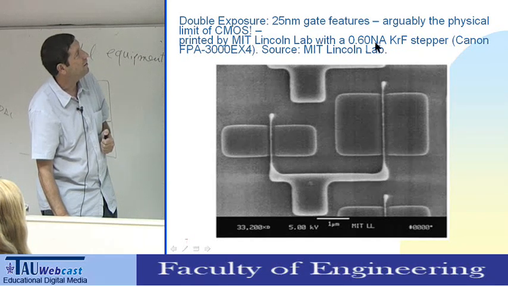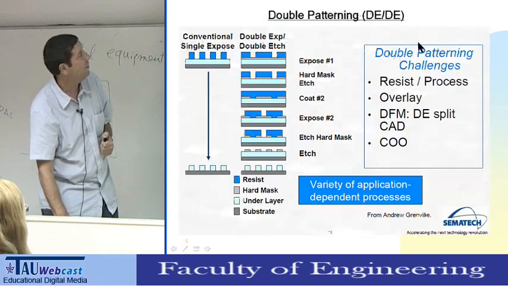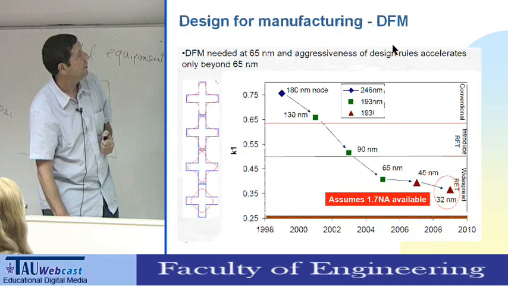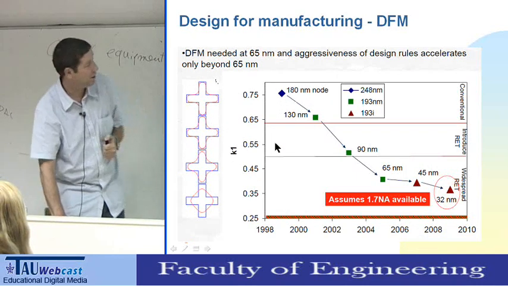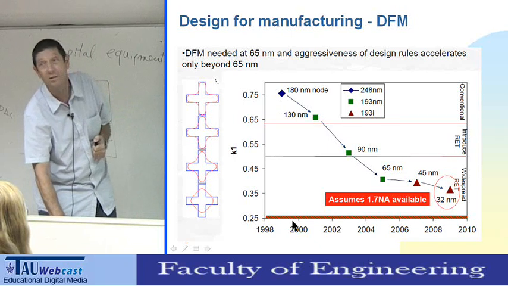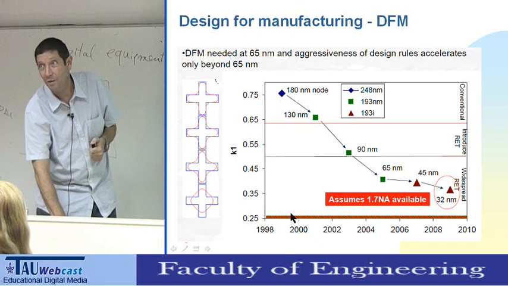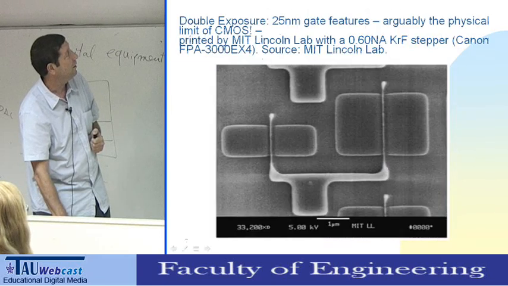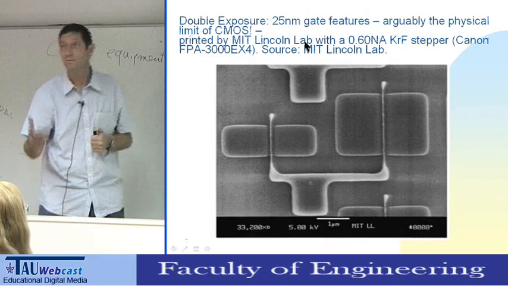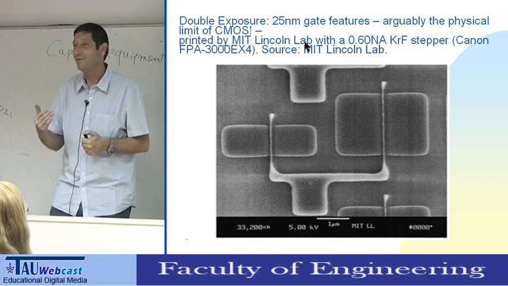This is a 0.6 numerical aperture krypton fluoride stepper. This was used for 180 nanometer technology in the year 2000. So you can actually, using the double exposure, maybe use cheaper tools.